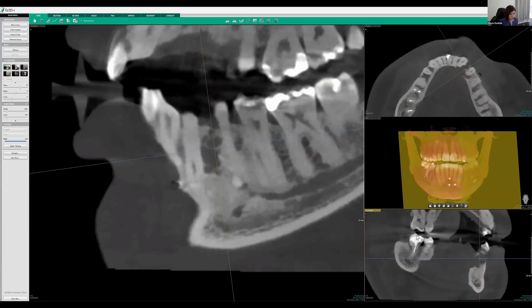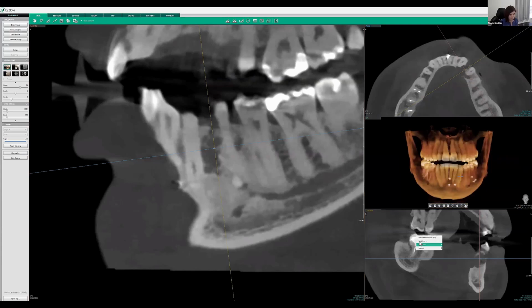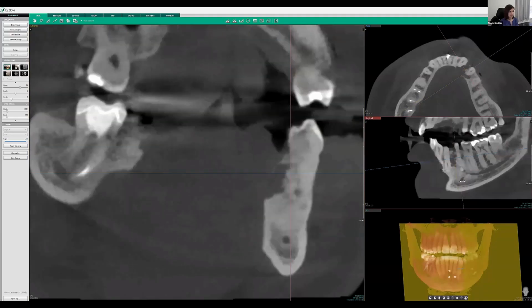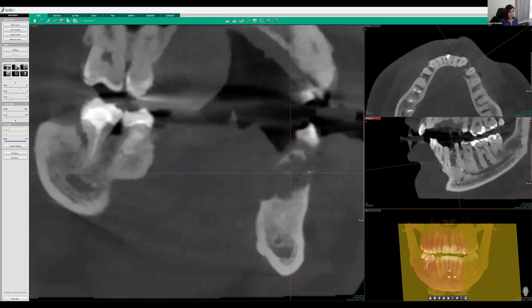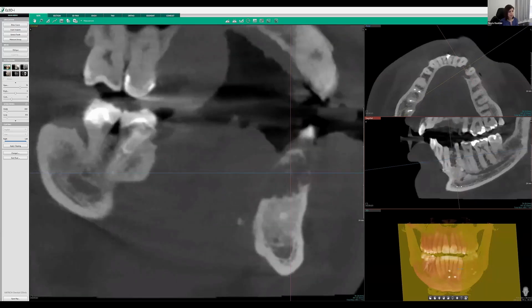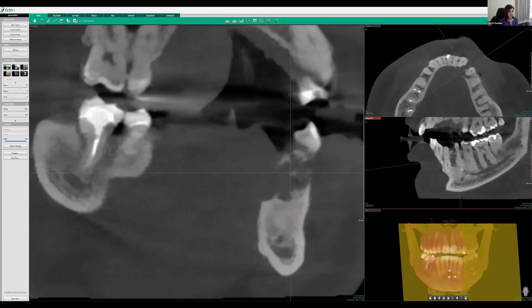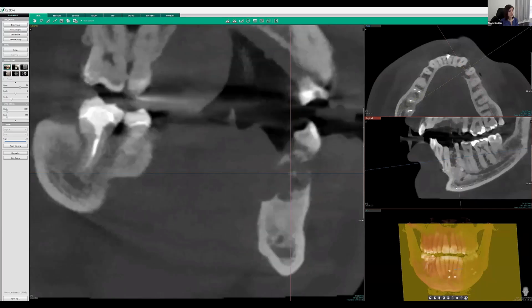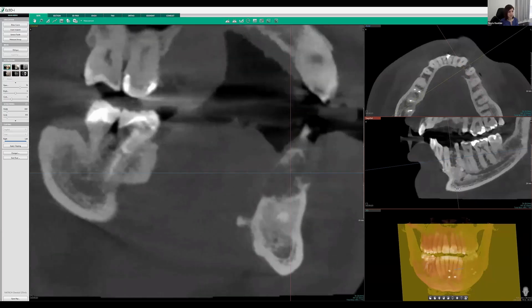So let's go to the corrected coronal section. And I'm going to use the yellow bar here to scroll. And when we scroll, we can see how the lesion is also causing some expansion, some thinning and interruption of the buccal and lingual cortices, which may not be appreciated on the sagittal view by itself.